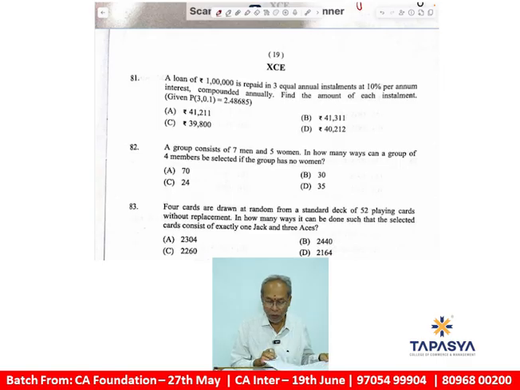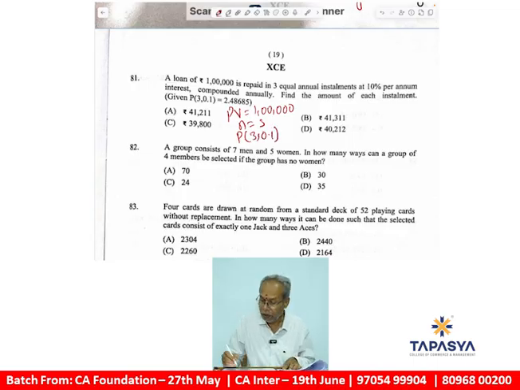A loan amount is paid in 3 installments at 10% per annum. So present value is given. Present value is 1 lakh rupees. N is equal to 3 and the table value is given, and you have to find the annuity, each installment.